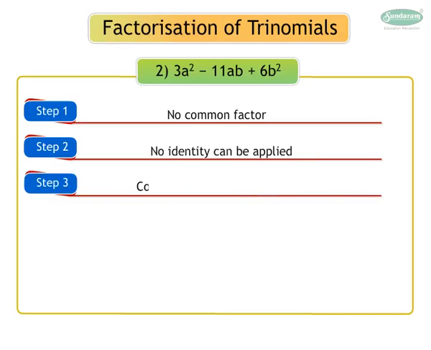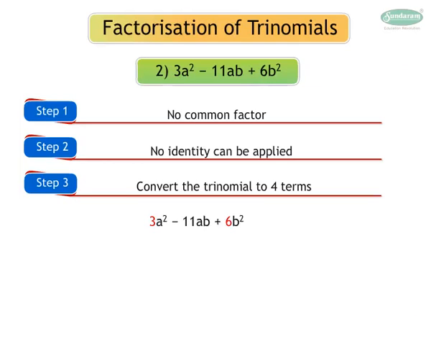Step 3. So let us convert the trinomial into 4 terms. We take coefficient of first term and last term, which is 3 and 6. The product is 18. We express 18 as product of P and Q so that P + Q is equal to -11 and P × Q is equal to 18. -9 multiplied by -2 is +18 and -9 + -2 is -11.